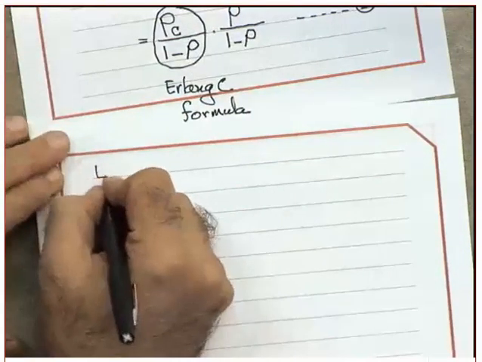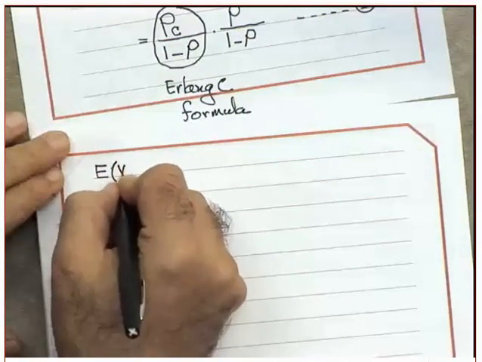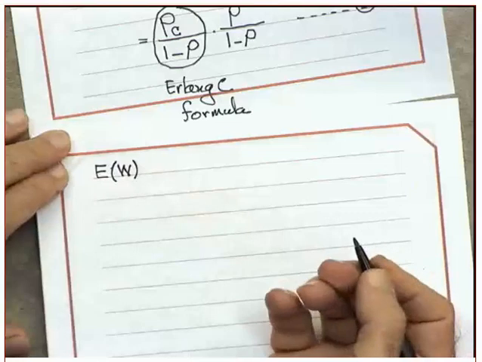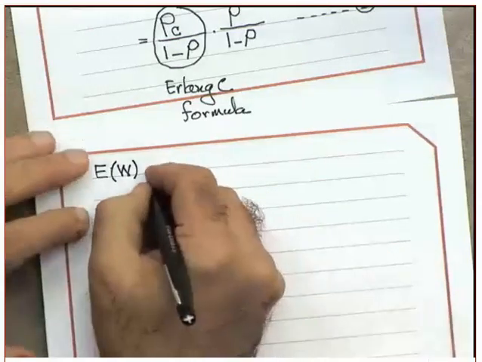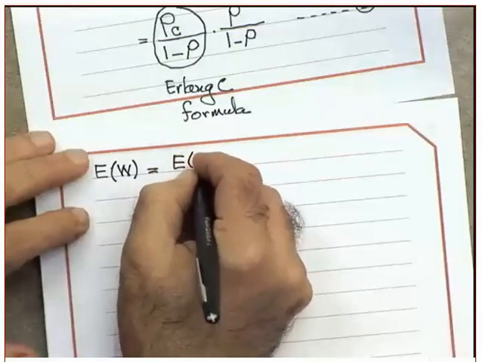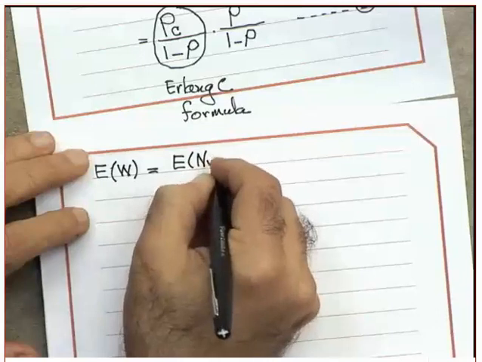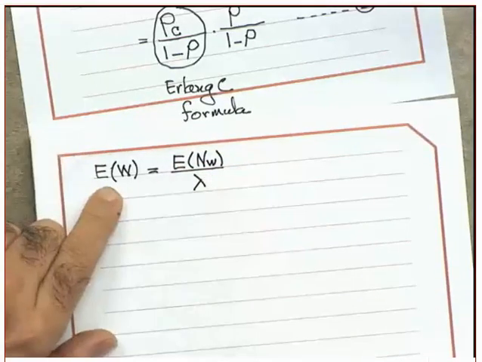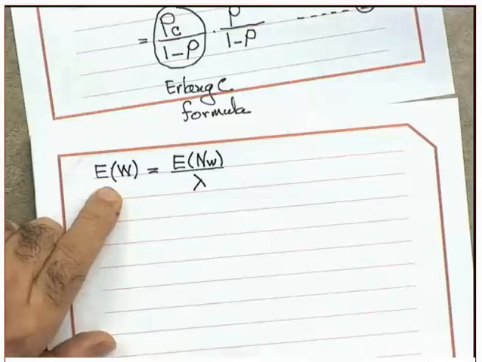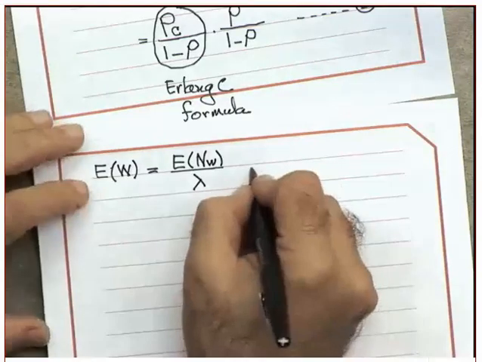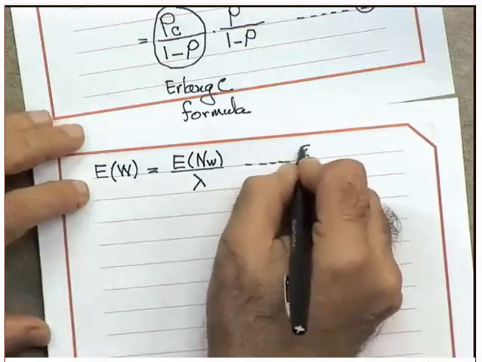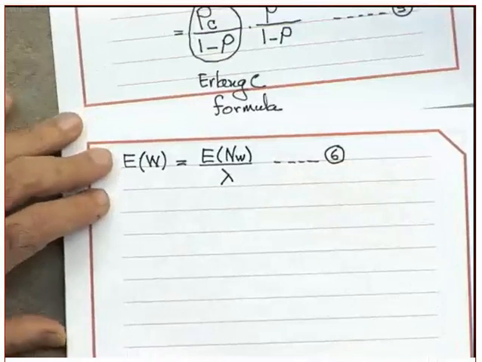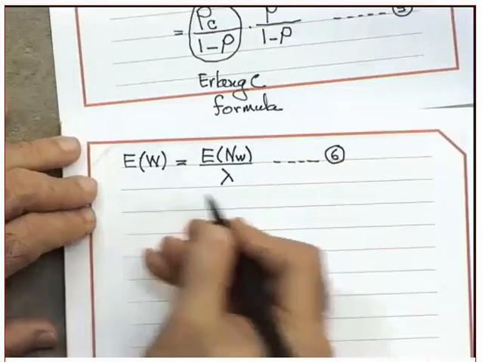I have E of NW over lambda equal to E of W. Yes or no? It's on equation 6. Clear? Okay.